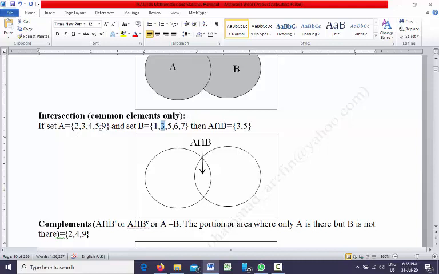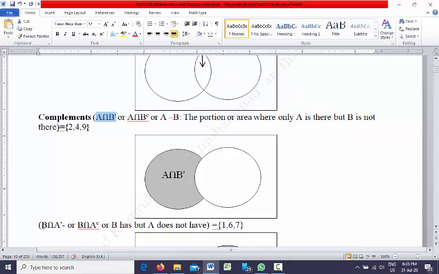Again, 5 is common, so 5 is also in set B. If you remove the elements of set B from set A, 3 and 5 will be removed. So we will have 2, 4, 9.